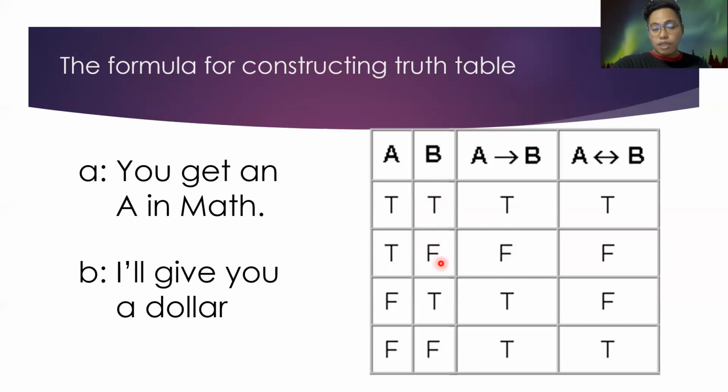But in this case, you were not able to fulfill your promise. That's why it's false on conditional. And it's also false on the biconditional because if you were able to meet the promise of F, diba?